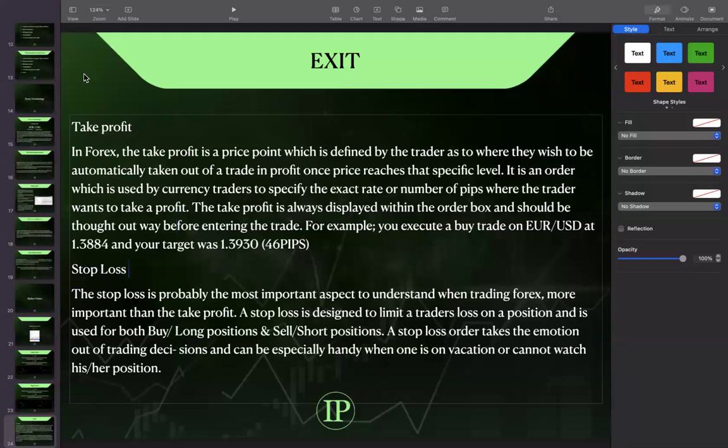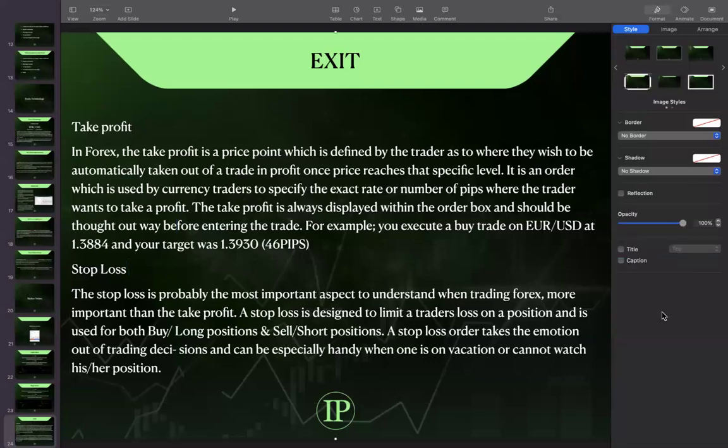Okay, sorry about that. So the take profit is always displayed within the order box and should be thought out way before entering the trade. So you need to know where you are going to exit when you have your money secured in the trade.